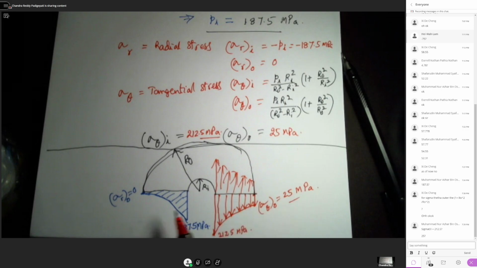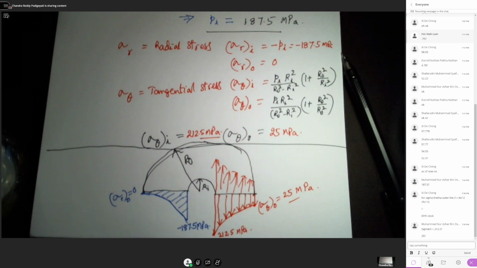For assignments also, you must plot this clearly, legibly and neatly. Otherwise, you will lose a fraction of marks. Is that clear, guys? Can I move to the next part?